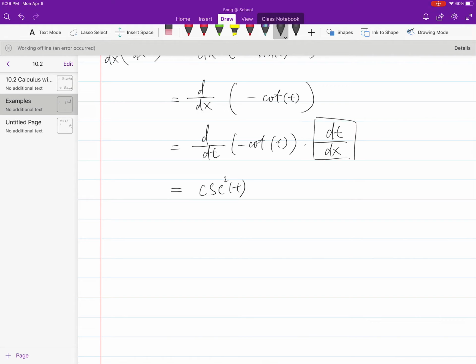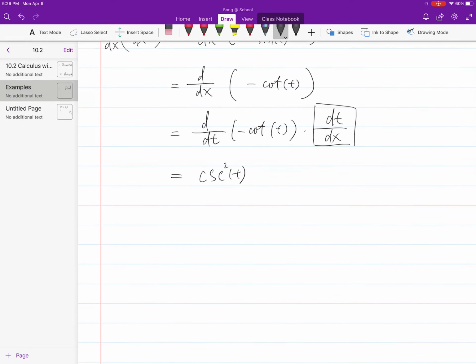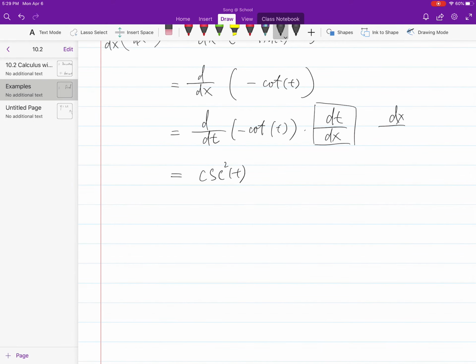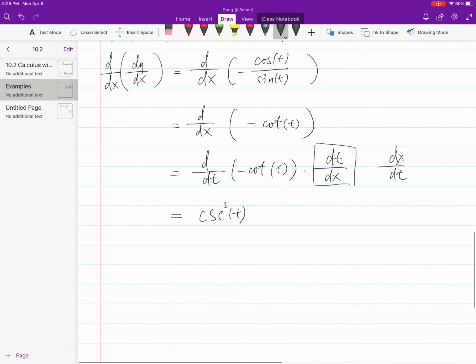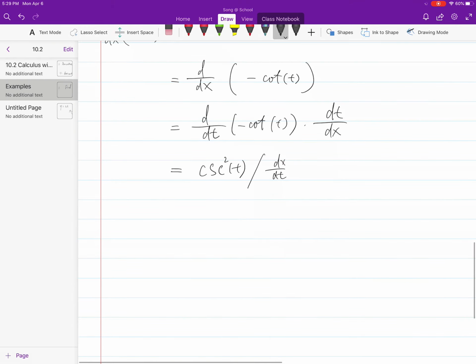Now you can go ahead and try to do this. But what is this? Well, that's dt over dx. Do you know dt over dx? The answer is no. But think again. Do you know dx over dt? That is actually the derivative we just did. That's negative sine t. So if you times this, it's actually the same as dividing by dx over dt.